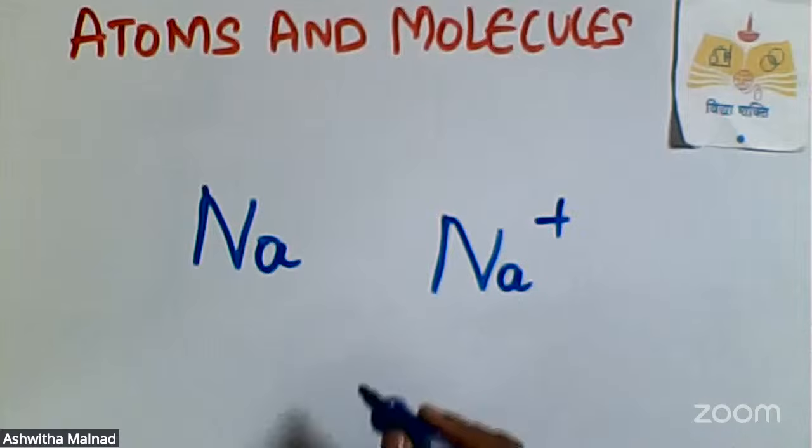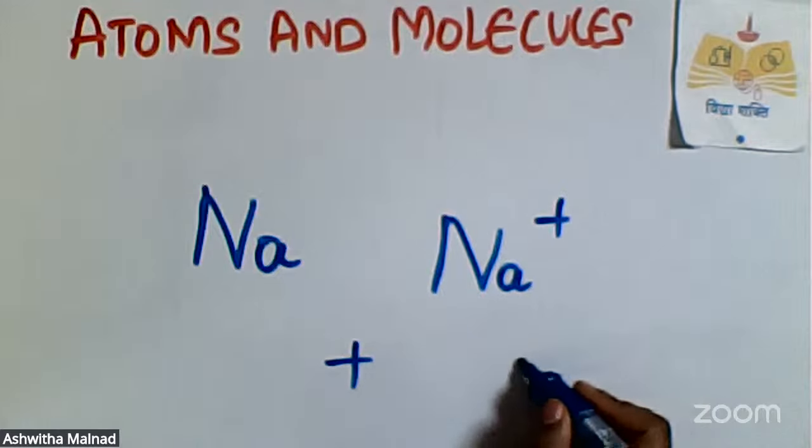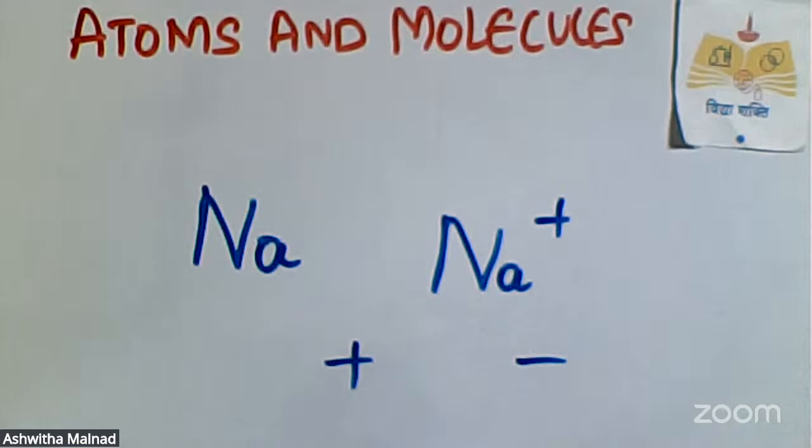Cation means plus, anion means minus. I had discussed this. So why does it become plus here? Any guesses? Any questions? Or any answers from your side?